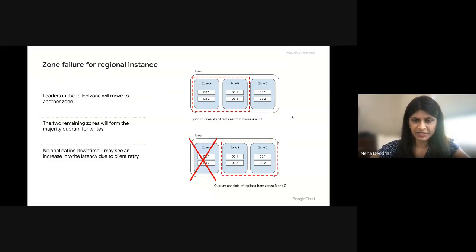Similarly, for a regional instance, zone failures are handled in the same manner. You have a majority quorum which consists of 2 zones out of 3. If one of those zones in the quorum fails, the majority quorum now shifts to the other 2 zones. So as long as 2 zones are available, the regional instance will continue to be available.